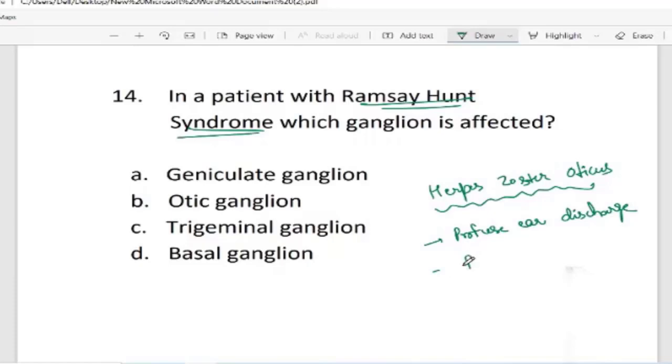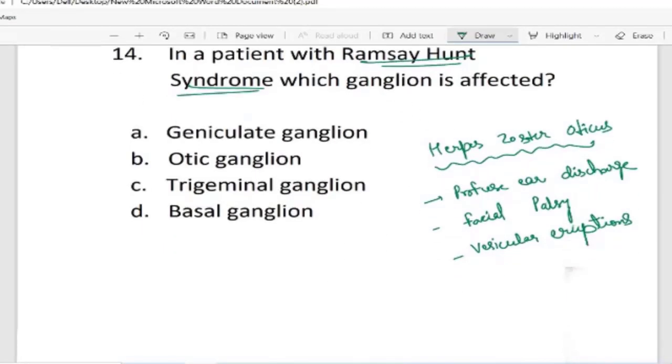There will be facial palsy, and there will be vesicular eruptions. So herpes zoster oticus, which is a herpes zoster infection affecting the ear, causes chronic suppurative otitis media, also affecting the facial nerve, producing three symptoms: profuse ear discharge, facial palsy, and vesicular eruptions. So that is also known as Ramsay-Hunt syndrome.